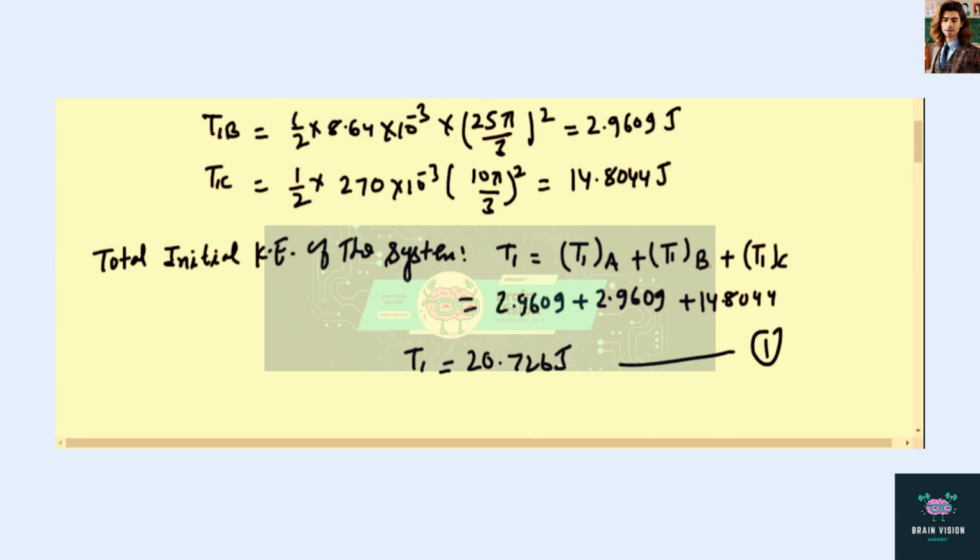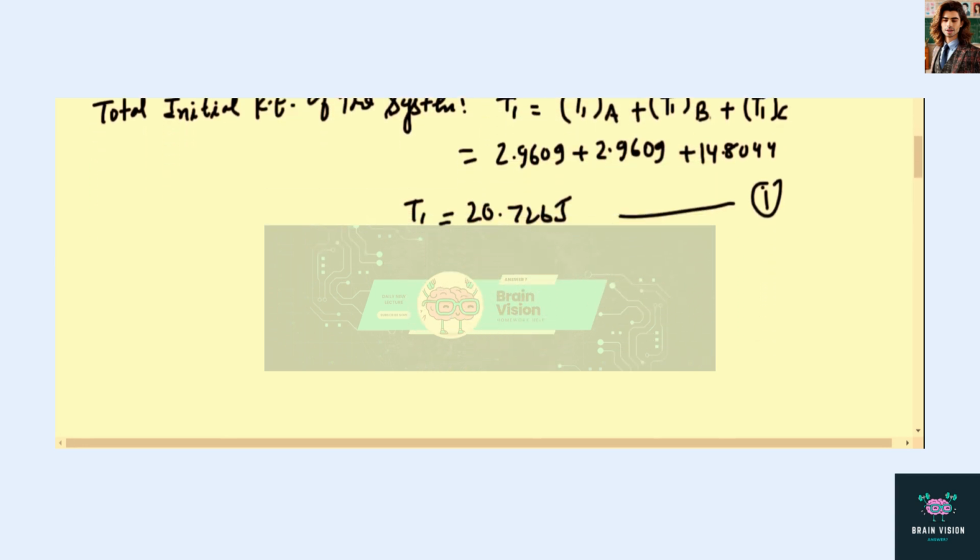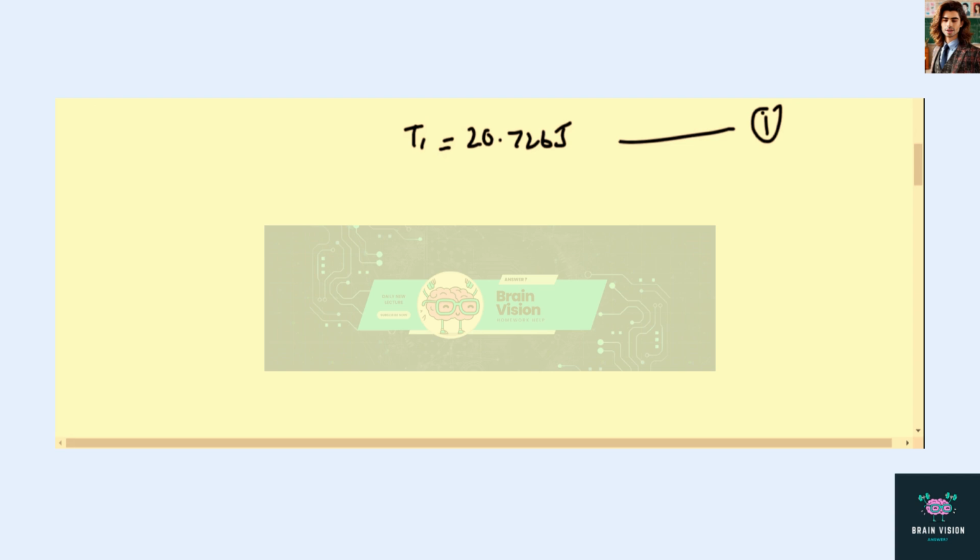Now the final position: omega 2C is 450 rpm, that is 15 pi radian per second.